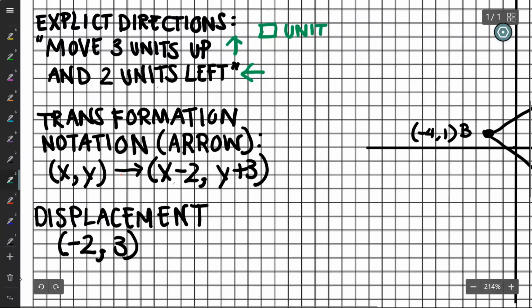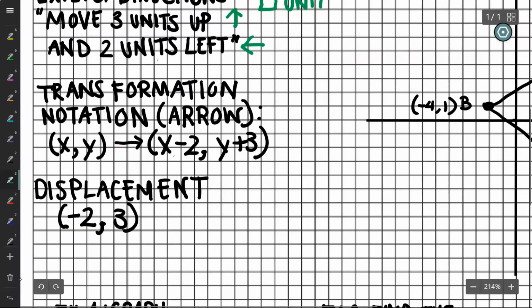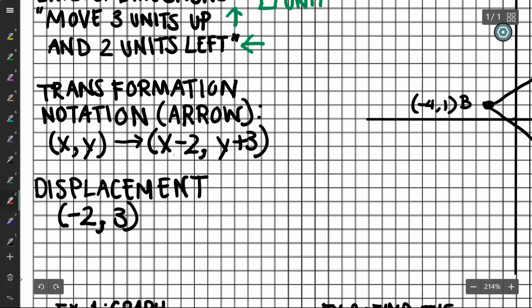Transformation notation, also known as arrow notation because of this dandy arrow here, is written out like this. This is our original, and these are the changes that it goes through.